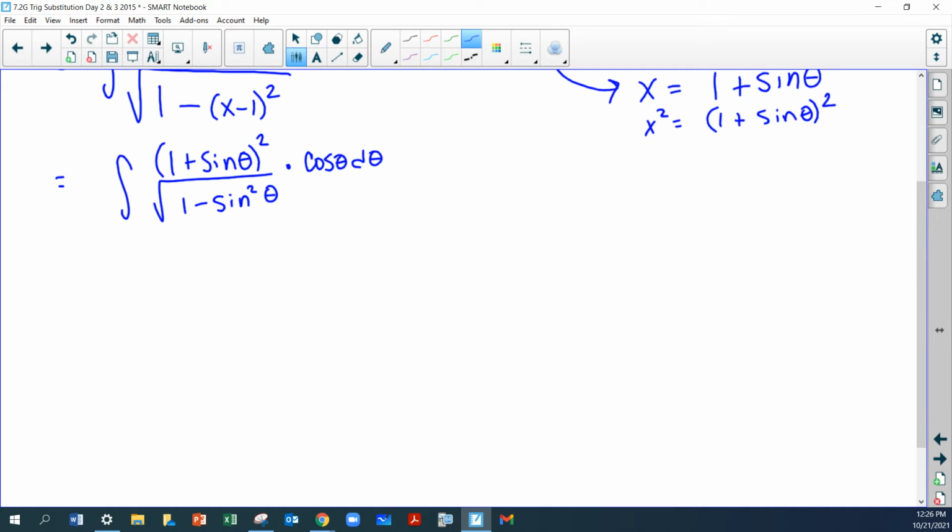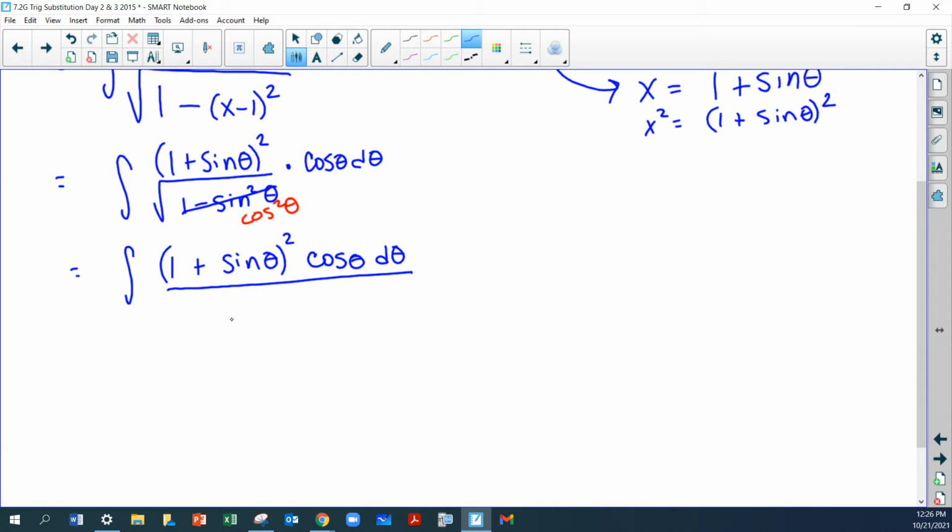All right, now on the bottom, we can simplify. This would become a cosine squared. And then we take the square root. So on top, I have 1 plus sine theta squared cosine theta d theta. And on the bottom, we have just the square root of cosine squared, which gives us cosine theta.